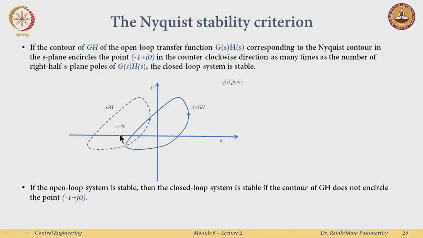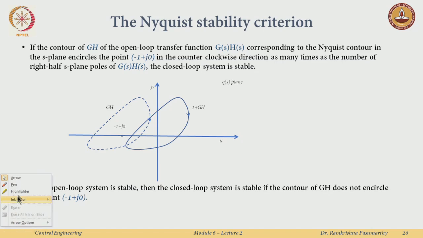So let us read the statements. If the contour GH of the open loop transfer function corresponding to the Nyquist contour encircles the point minus 1 plus J0 in the counterclockwise direction as many number of times as the right half plane poles of G times H, the closed loop remains stable.